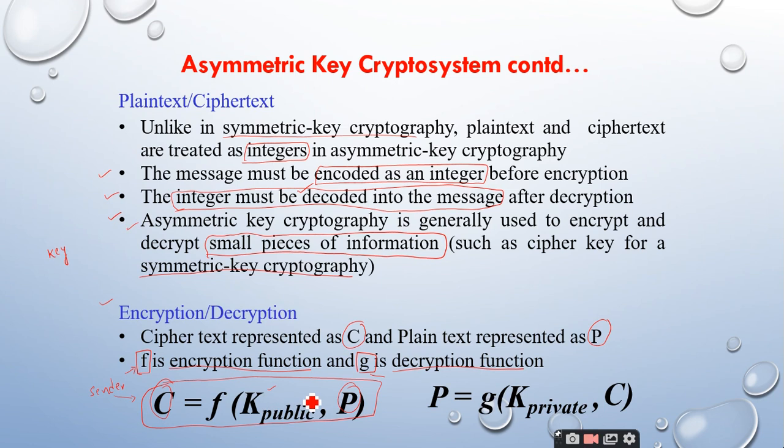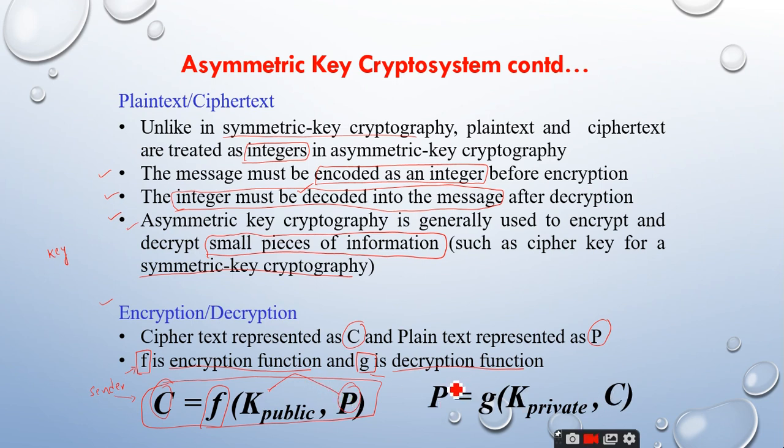What are you using for the encryption? Public key or private key? Public key. So to convert the plain text into the ciphertext, you are going to use a mathematical function F, with the public key and the plain text.